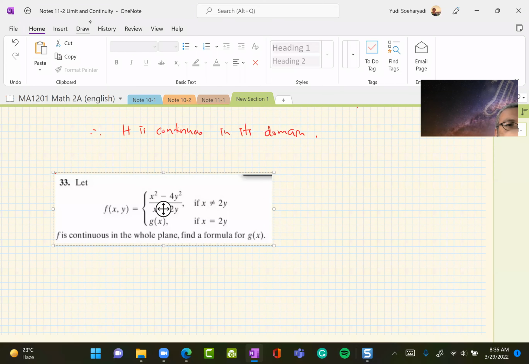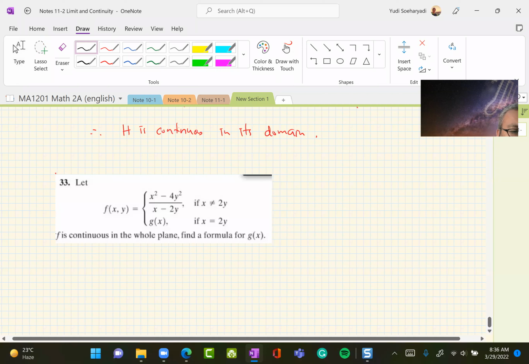F is continuous in the whole plane. Find a formula for g. All right, so let's do this one here.